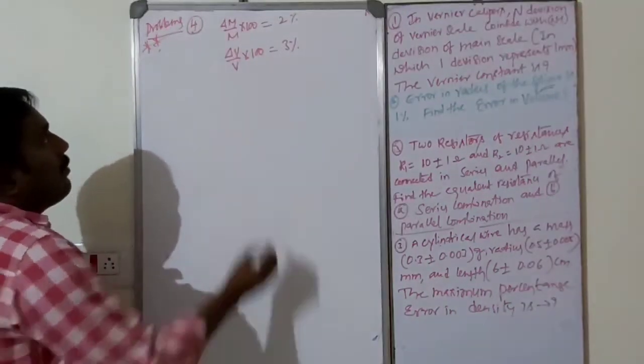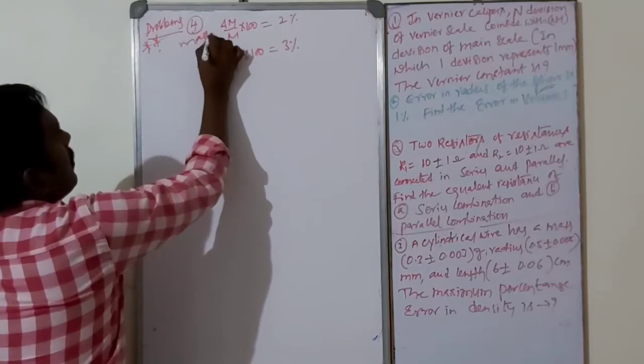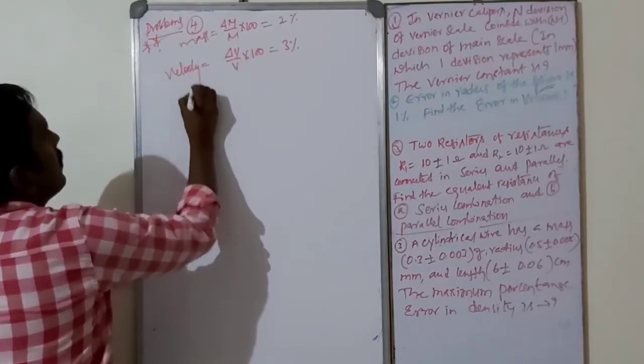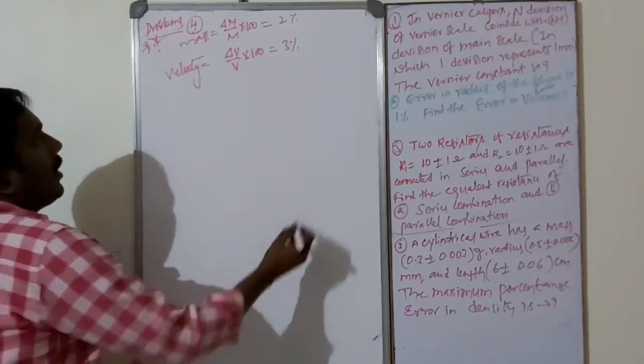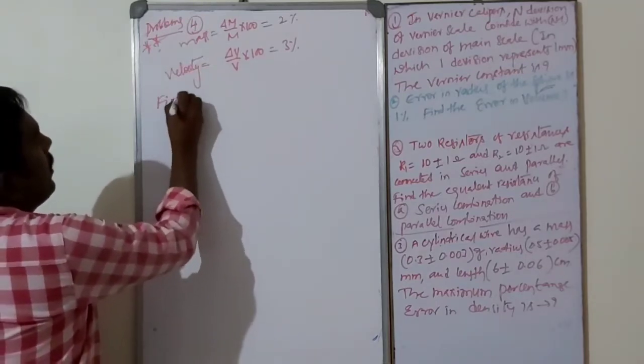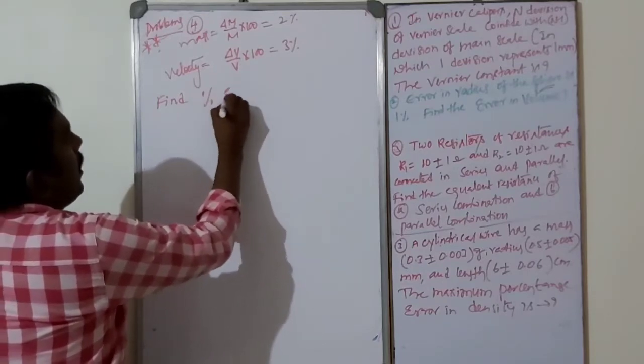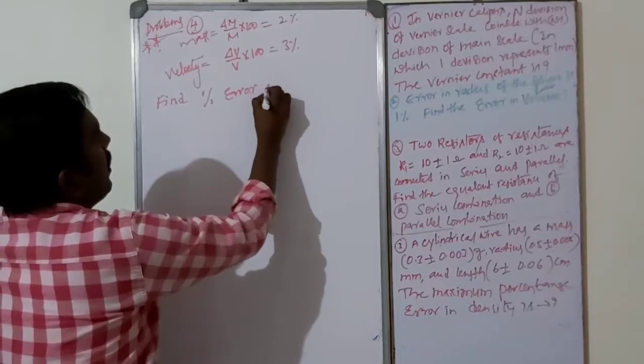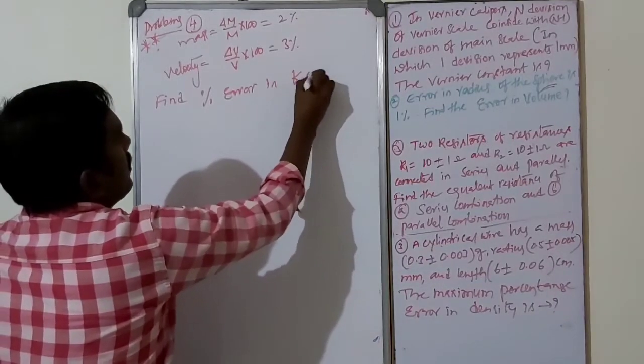So percentage error in mass, percentage error in velocity already given. So find the percentage error in kinetic energy.